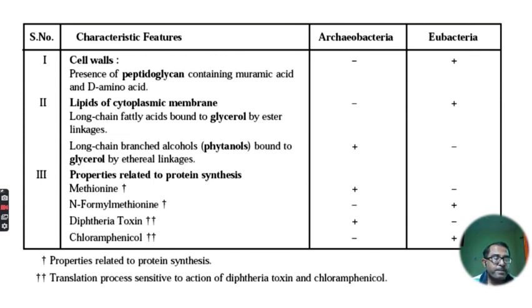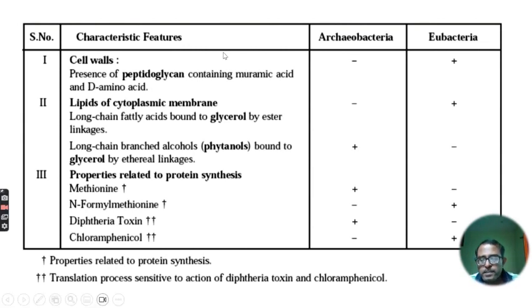Chloramphenicol is the antibiotic which affects protein synthesis in Eubacteria, but it has no effect on the translation process in Archaebacteria. So this is how these two bacteria are different from one another in terms of their cell wall, their protein synthesis process, and their plasma membrane structure.